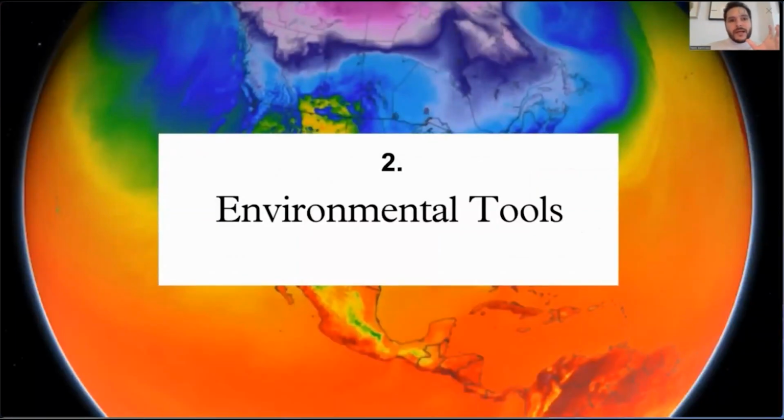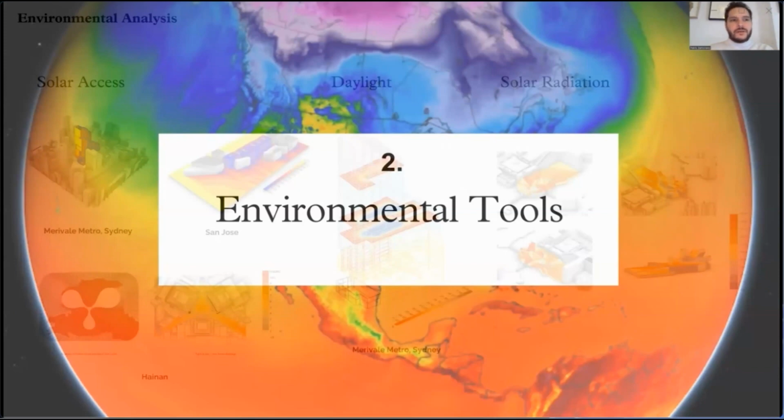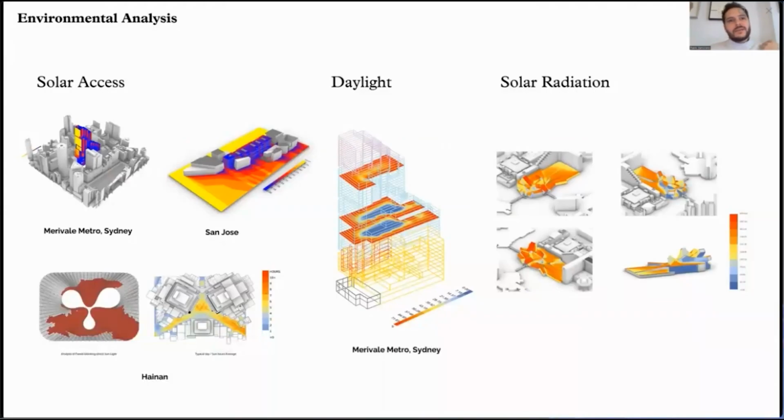When we understand how our designs perform, so not only our sites, but our designs, the second stage of analysis, we traditionally run solar access analysis, daylight, and solar radiation. So these are our common analyses that we run for every single project.